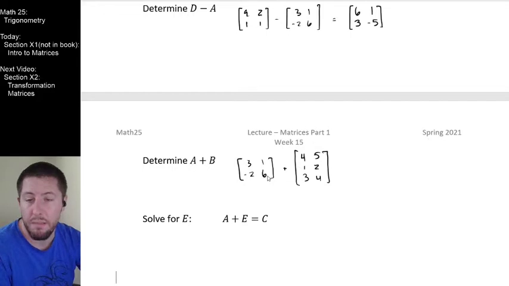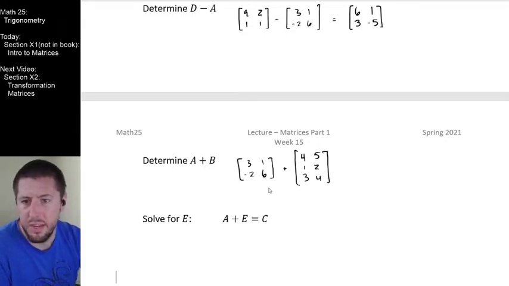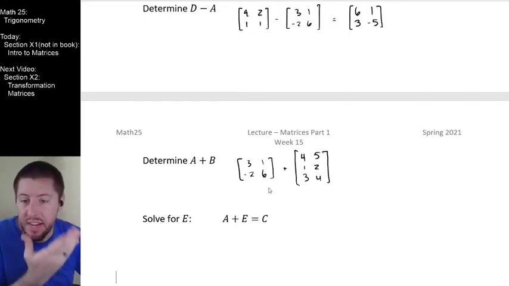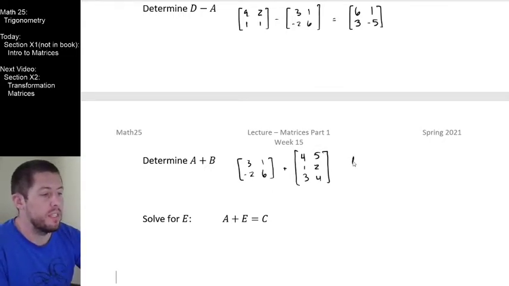So kind of our dilemma here is it looks like this is just like me saying to you, hey, what do you get when you do +6? And you should say to me, what +6? Addition is an operation between two numbers. So if I'm trying to take 4 numbers and add them individually to 6 numbers, that doesn't make any sense because we're missing 2 numbers from which to do the addition. So this is an undefined operation right here.